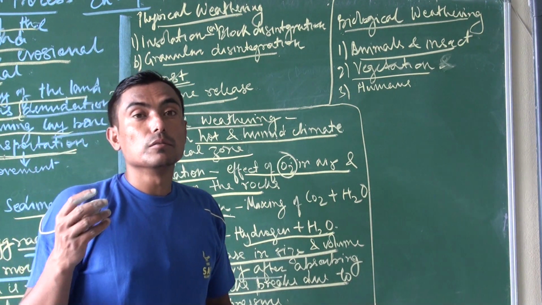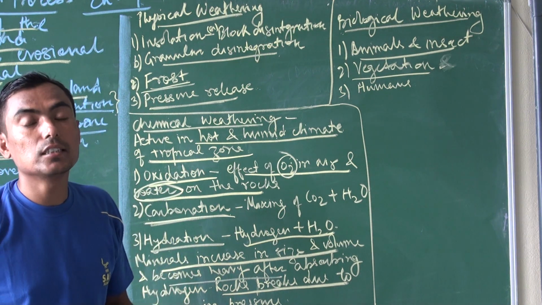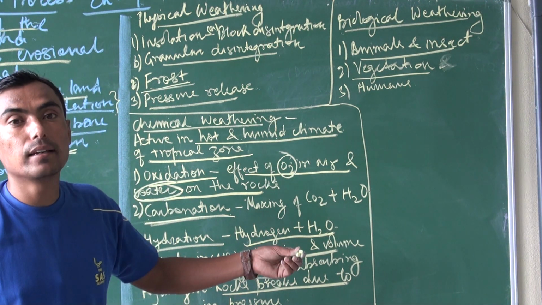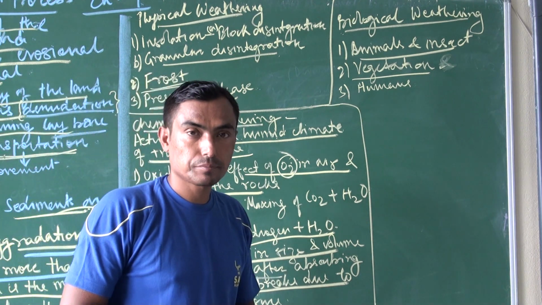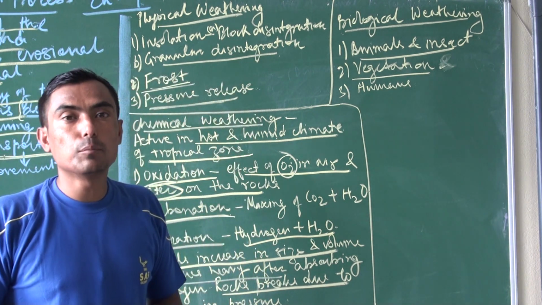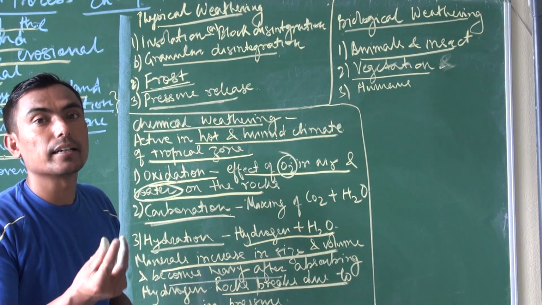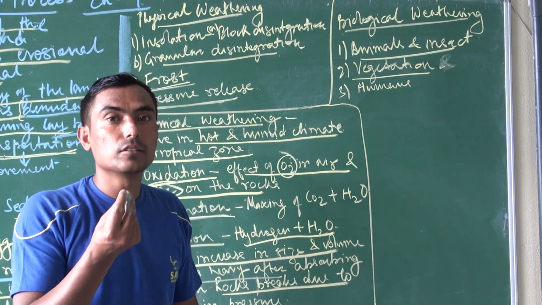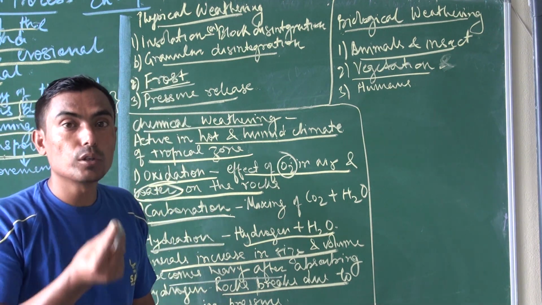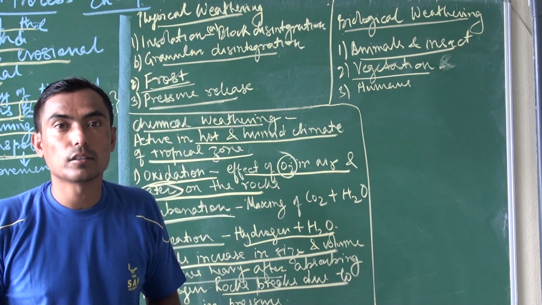Next, vegetation. Vegetation means plants. You may have seen different types of plants and trees growing on a big boulder. That takes place because of pollination. When the seed starts to germinate, in search of water and nutrients, the root digs much deeper along the cracks of the rocks.